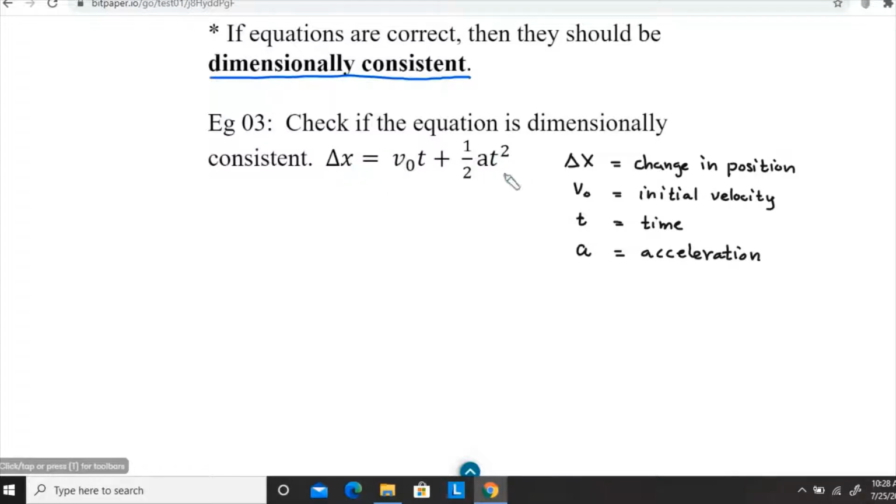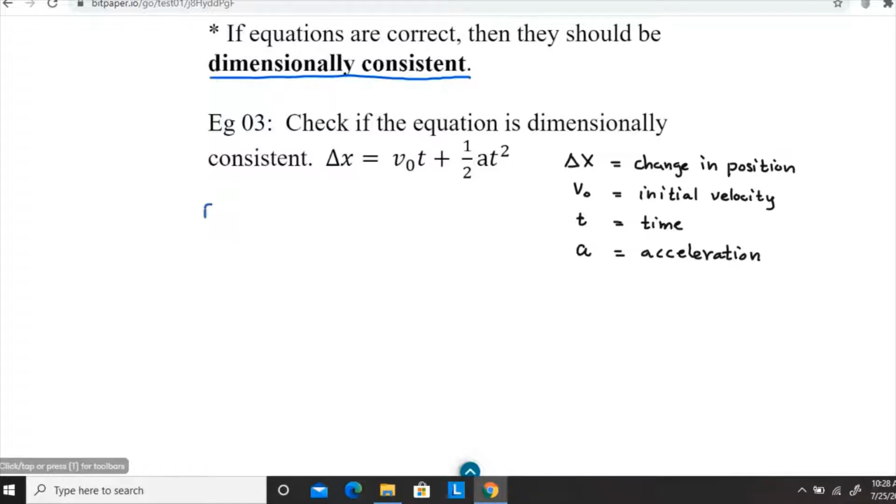This is an equation that comes very frequently in kinematics when we study motion. So let's try to figure out the dimensions of each term, and if the dimensions are equal for each term, then we say the equation is dimensionally consistent.